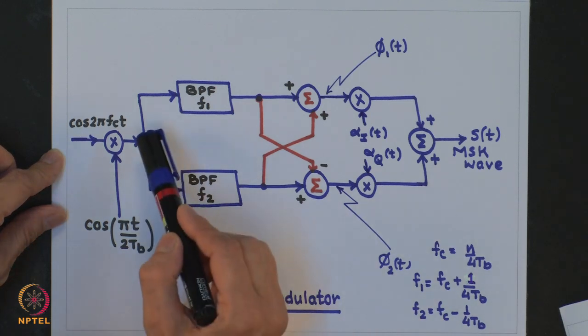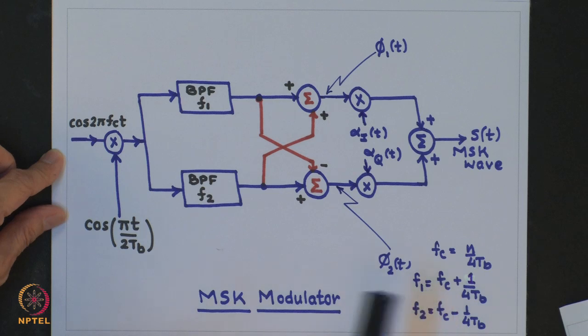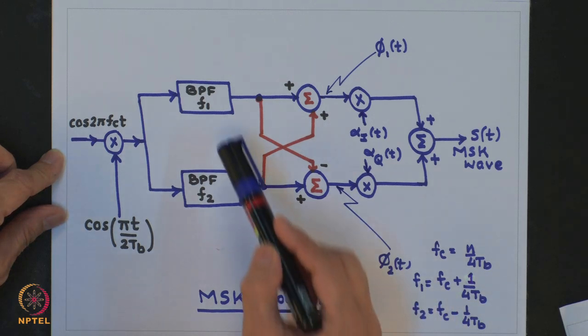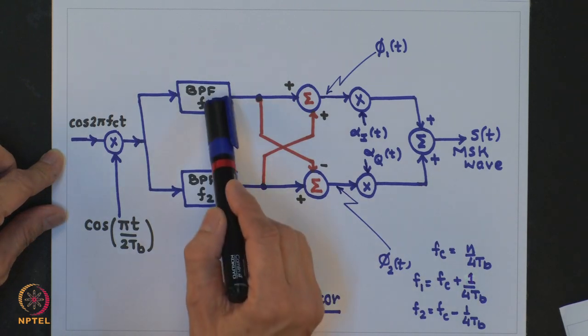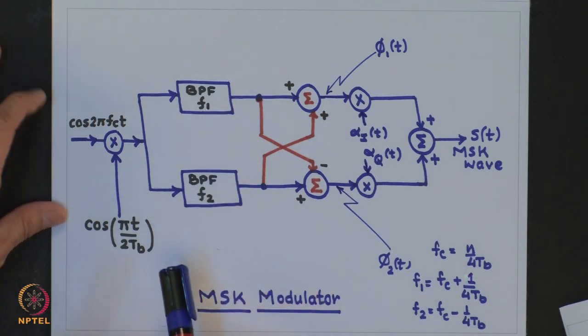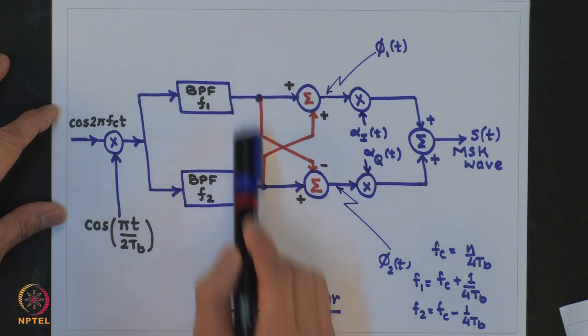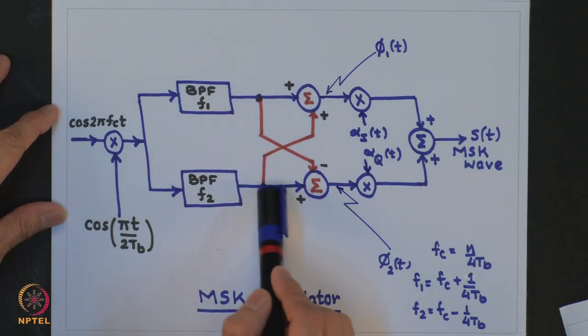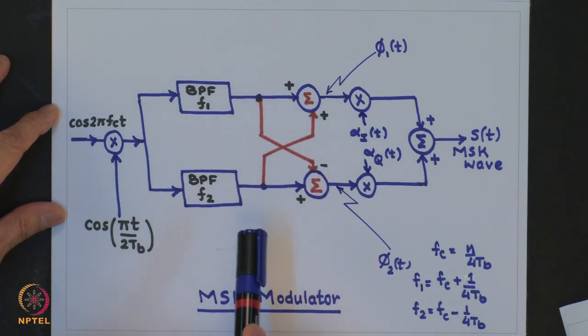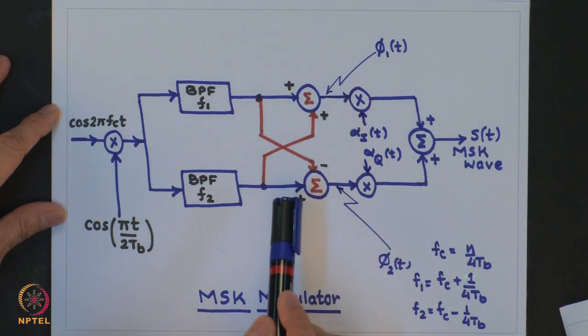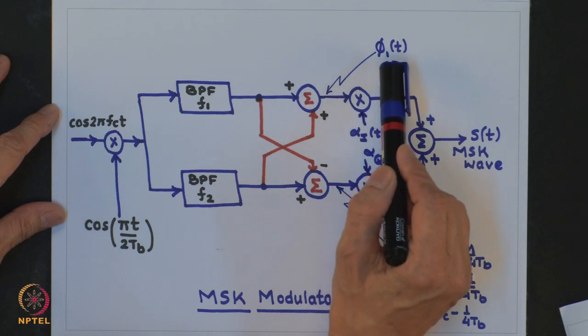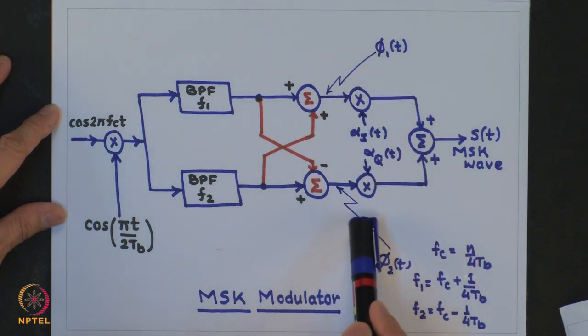Now these two sinusoidal waves are separated by two narrowband filters centered at f1 and f2. The resulting outputs are next linearly combined to produce the pair of quadrature carriers, or the orthonormal basis signals phi 1 t and phi 2 t.